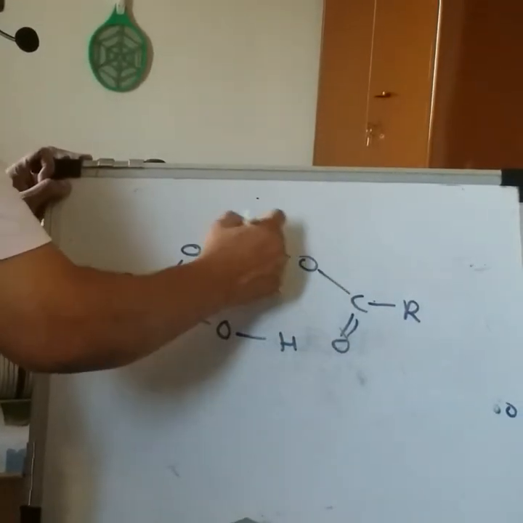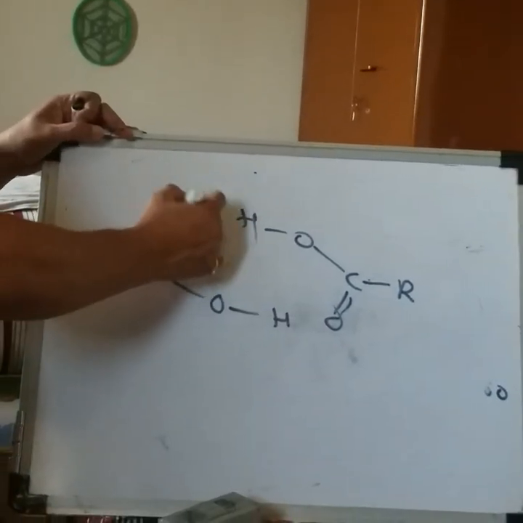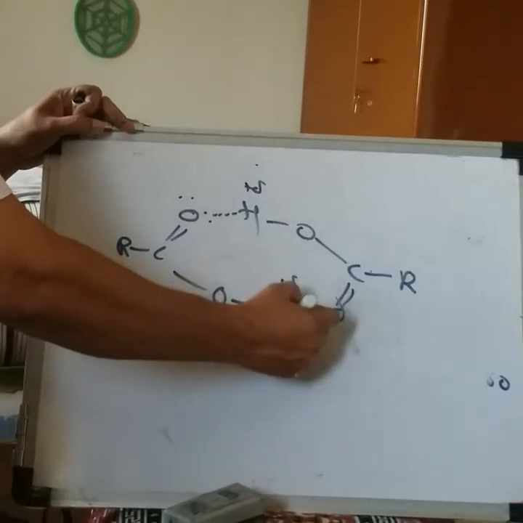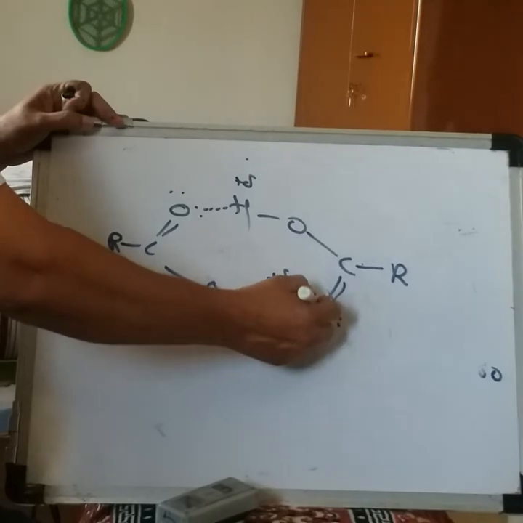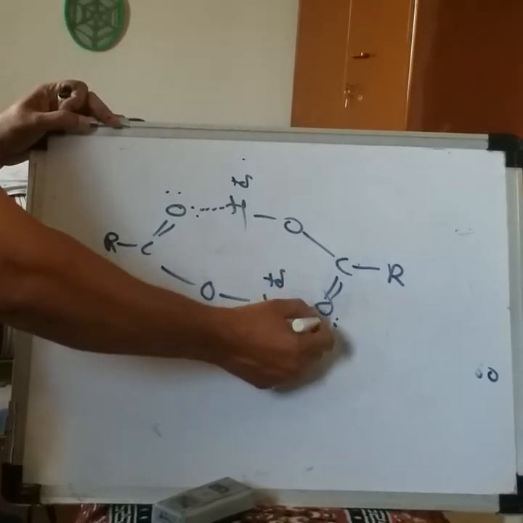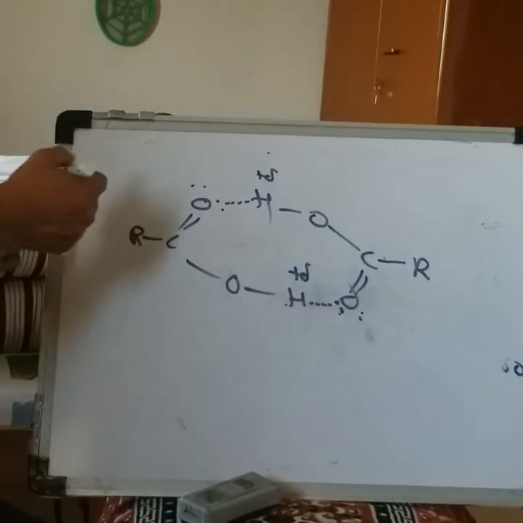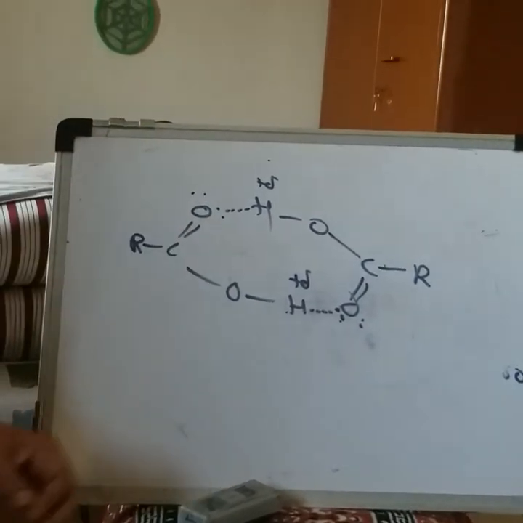You can see these are two separate molecules of carboxylic acids. There is a hydrogen bond formed between these two. Hydrogen bond is the attraction between the lone pairs and the positively charged hydrogen. These two molecules become one, and because of that the molecular mass is found to be double.